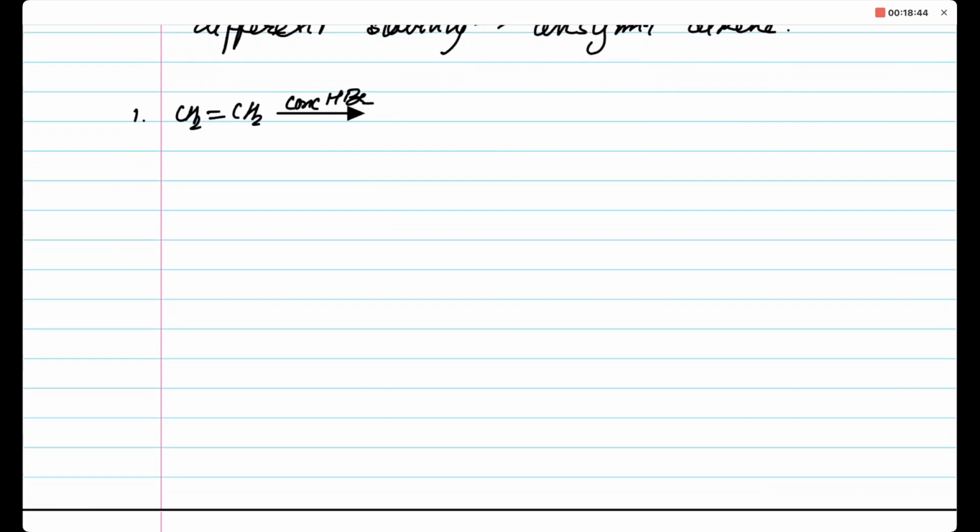Then we could have something like CH3, CH, double bond CH, CH3. Then we could have something like CH3, CH, double bond CH, single bond benzene ring.